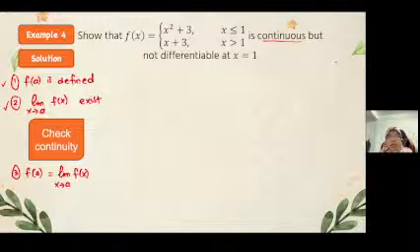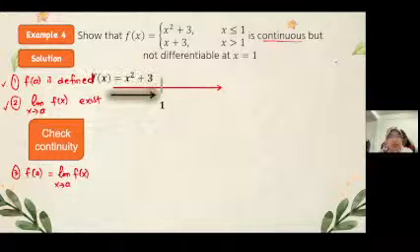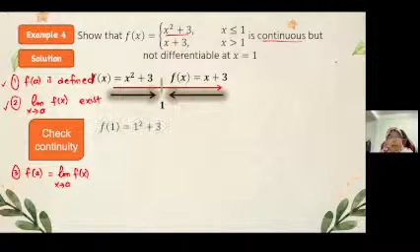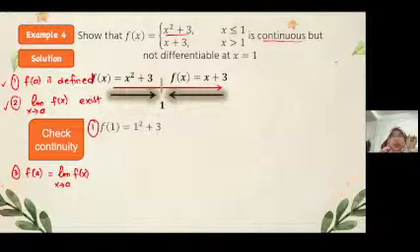Okay, so f(a) is defined. Draw your number line first. On the left hand side of 1, we are going to use x squared plus 3. On the right hand side of 1, we are going to use x plus 3. Those are just for us to know which function we are going to use. The first one, f(1), what is the value? From your function, check where is the equal sign.